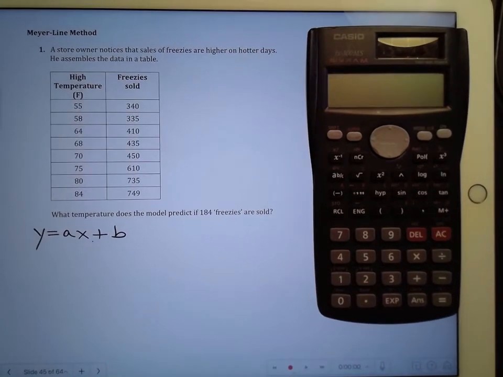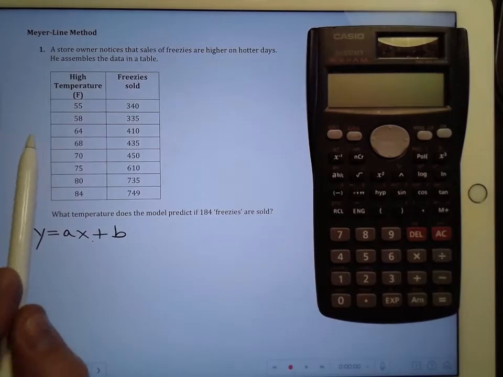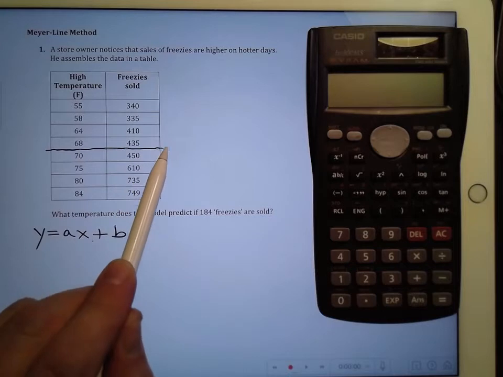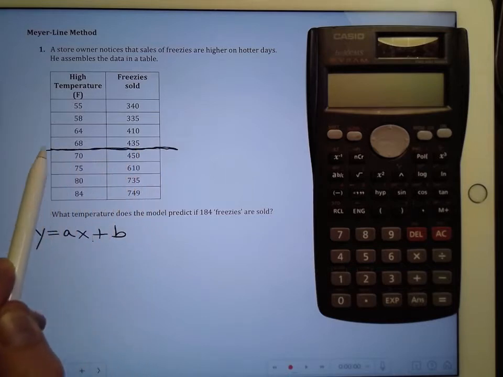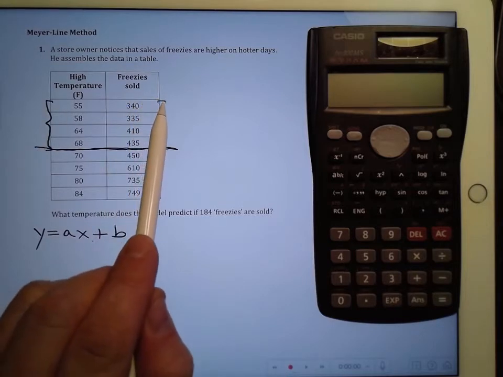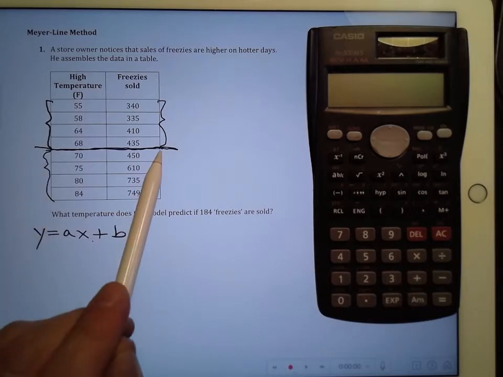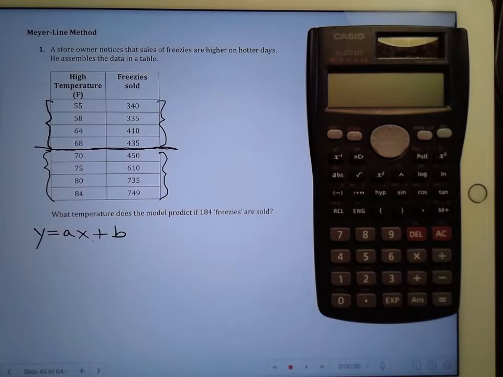So the first thing we're going to do is divide the data in half. Cut that table this way, horizontally across the middle, leaving me with 4 values for x up here, with 4 values for y, and then 4 values for x over here, and 4 values for y over there.